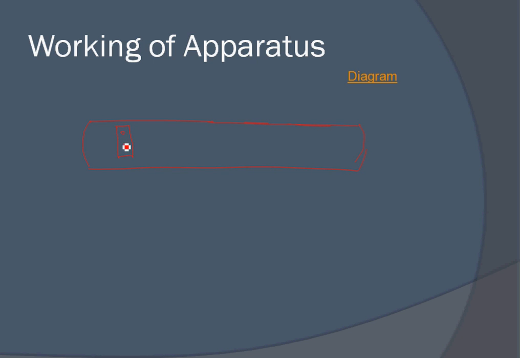This is a perforated cathode, an electrode having holes. This is positive, this is negative, connected with the high voltage generator. And here are the positive rays coming from the anode side. And this is the vacuum pump.